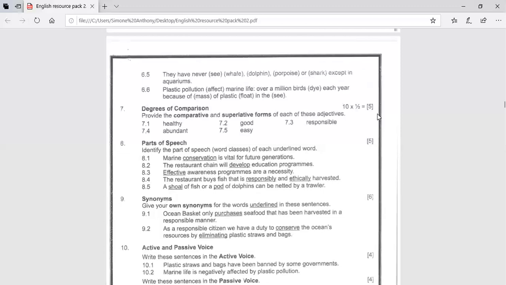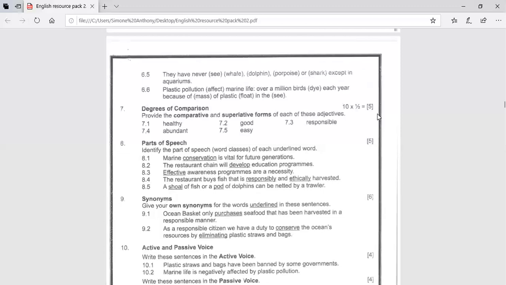Develop there is a verb. 8.3, effective awareness programs are a necessity. Effective there is an adjective. 8.4, the restaurant buys fish that is responsibly and ethically harvested. Those become adverbs, sorry. They are modifying the verb.